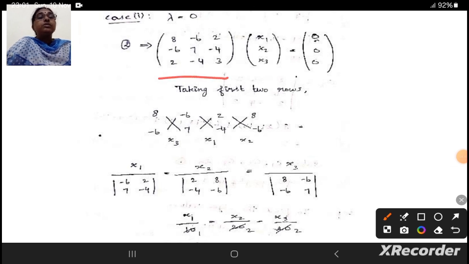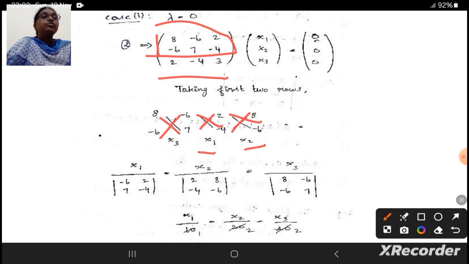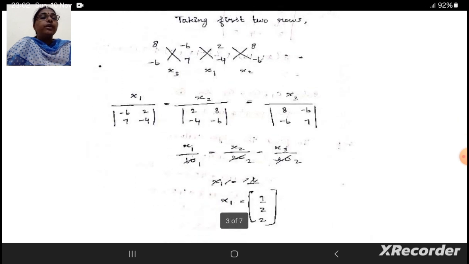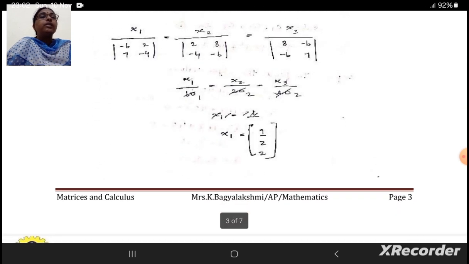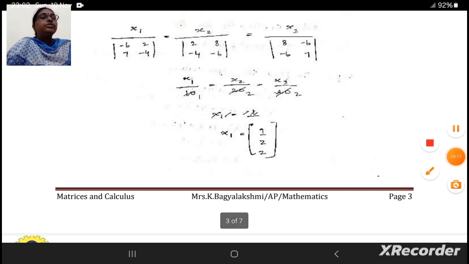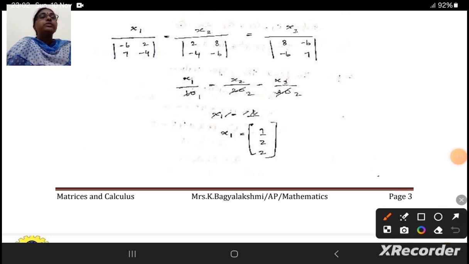In this matrix, I am choosing the first two equations and applying the cross-multiplication method for x1, x2 and x3.